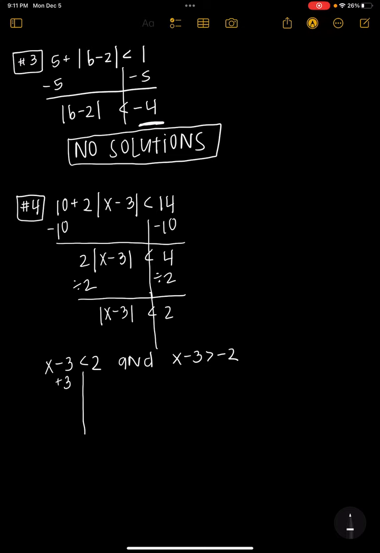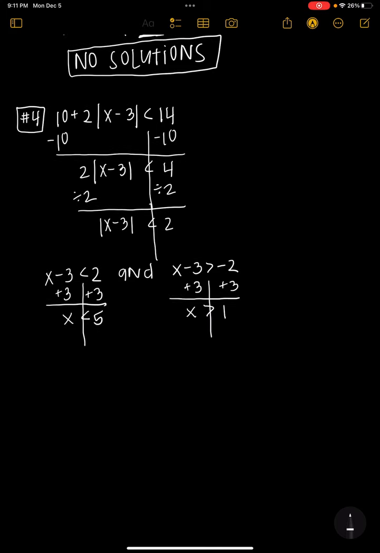I'm going to solve them by adding 3 to each side to get the x by itself. I'd get x is less than 5 on this side, and then I'm going to add 3 on this side, and I would get x is greater than negative 2 plus 3 gives me a 1. So once again, I can say it's x is less than 5 and x is greater than 1.